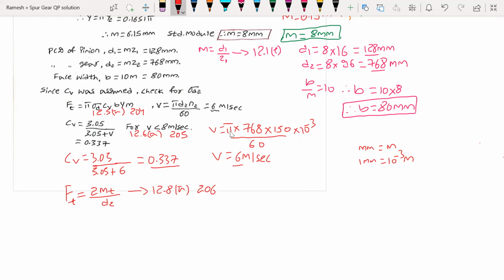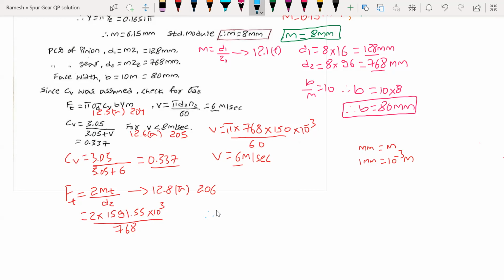Only for velocity, the unit is meters per second. That's why I converted this mm into meter. 2 into Mt is calculated already. Substitute that: 1591.55 into 10 raised to 3 divided by D2, which is 768. From this I'm going to get the value of FT.